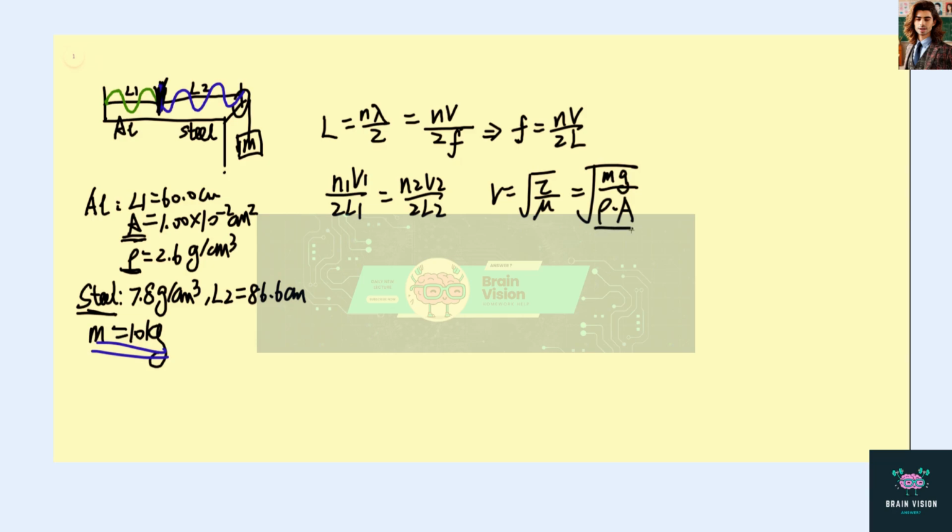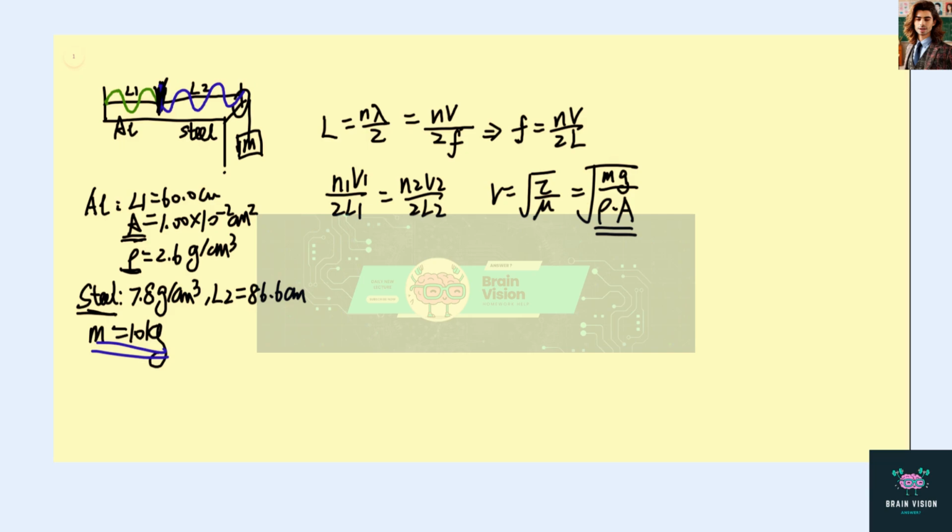Why is this so? Because total mass is rho times volume. So linear mass is total mass over L, which is rho times volume over length, which is rho times A. So this is the formula we have.